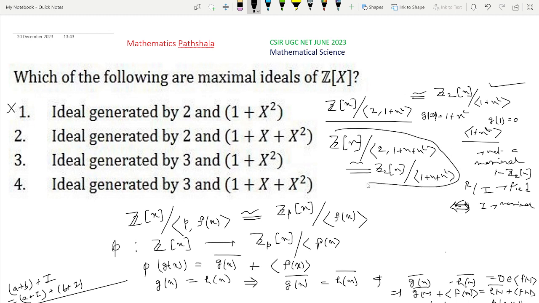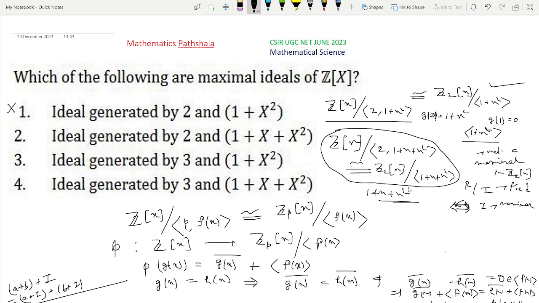For this isomorphism, this polynomial 1 plus x square is irreducible in Z2 because 0 is not a root of this polynomial and also 1 is not a root. So this polynomial has no root in Z2. By the theorem that every degree 2 or degree 3 polynomial over a field is irreducible if and only if it has no root in that field, it is irreducible in Z2[x], and hence the ideal generated by this polynomial is a maximal ideal.